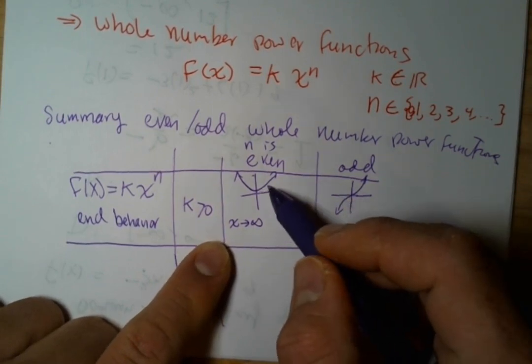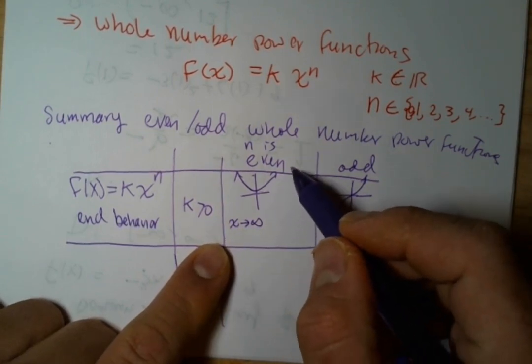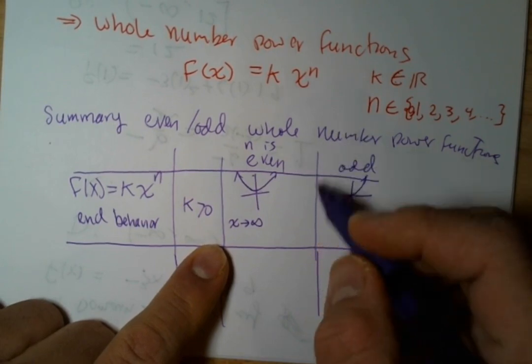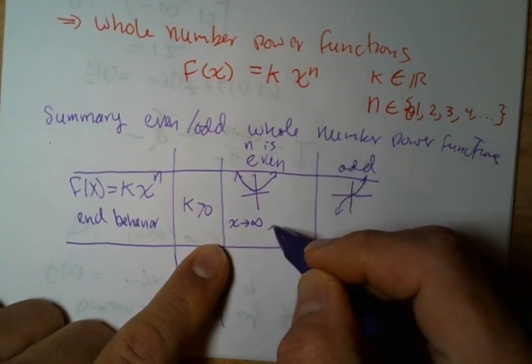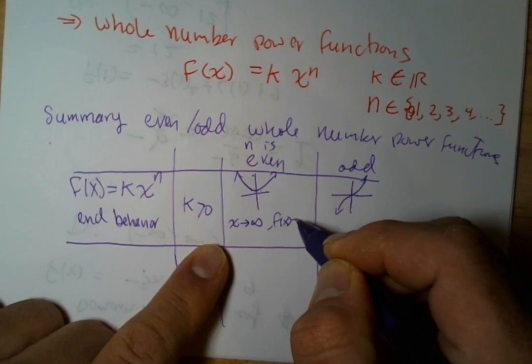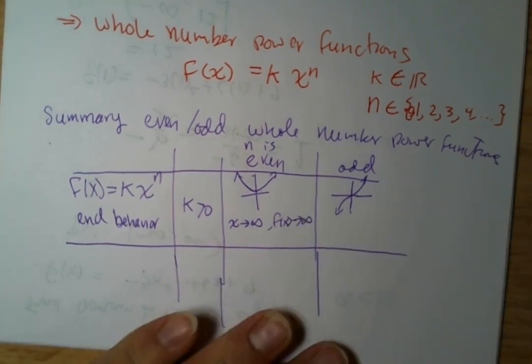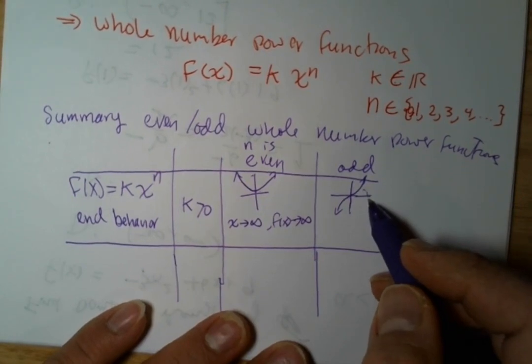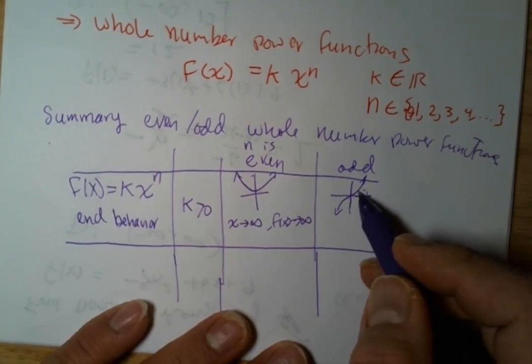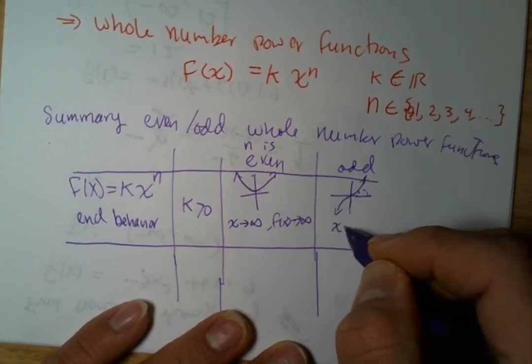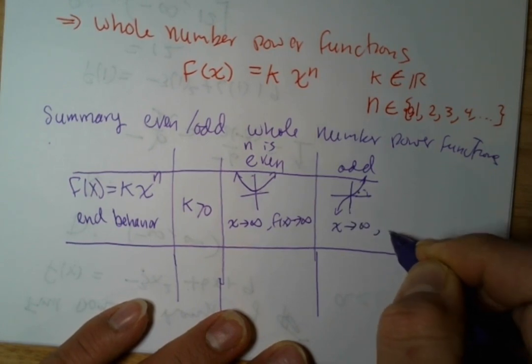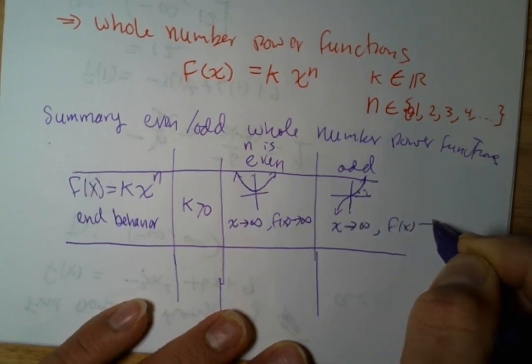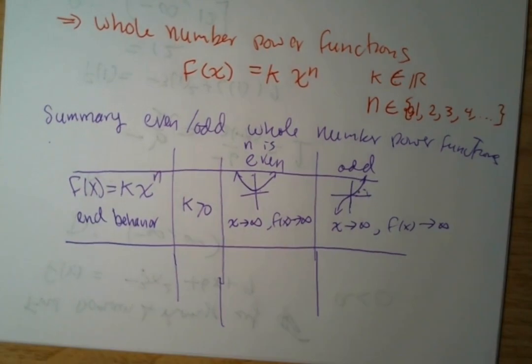Notice here the values of x keep getting larger and larger. So as x goes to infinity, so does the value of the function. It goes to positive infinity. And the same thing for the odd powered function. As x goes to infinity, the values of the function also go to infinity.